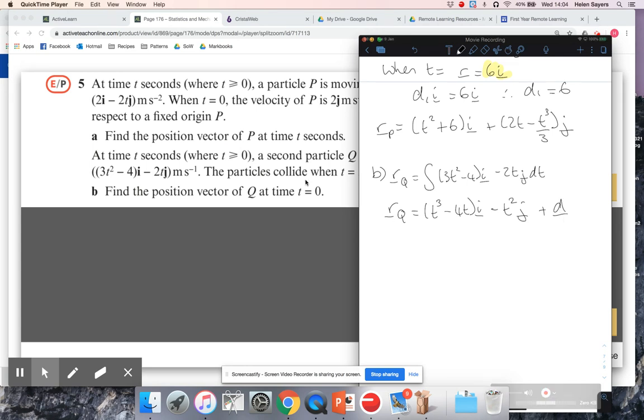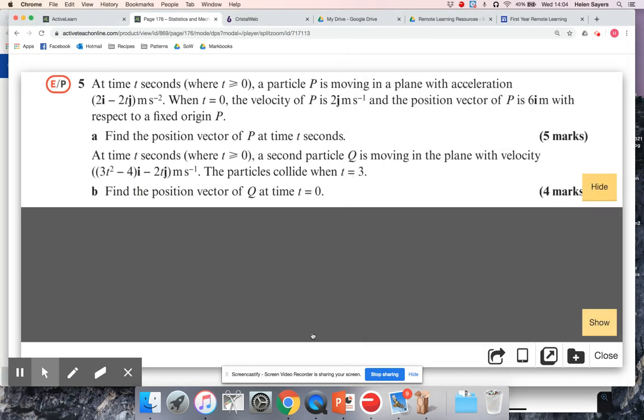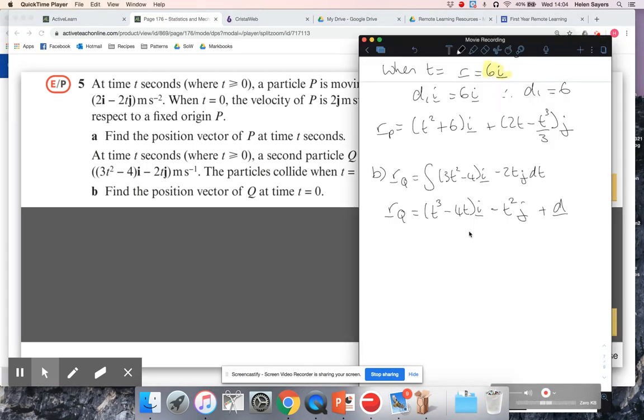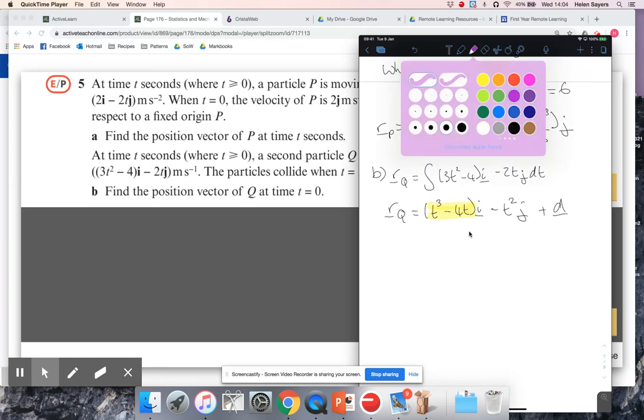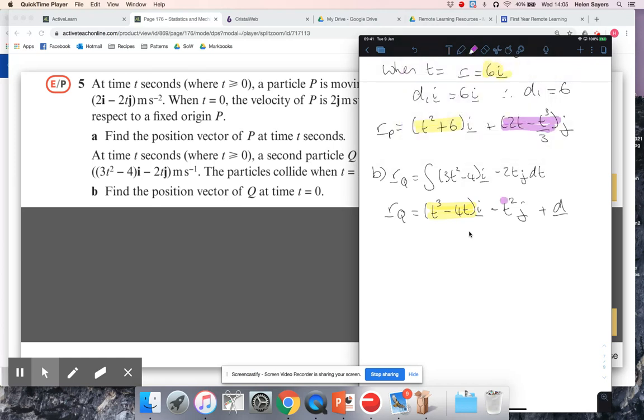Okay, but I do know they collide when t is 3. So when t is 3, they must be at the same i component and at the same j component. I'm going to need to be careful with that minus there. Okay, so one thing I am going to do is I'm going to rewrite vector d as ai plus bj, just so there's two unknowns to find.